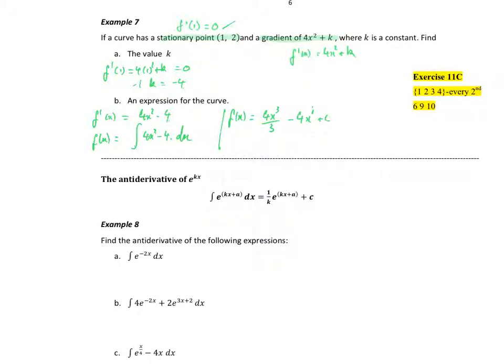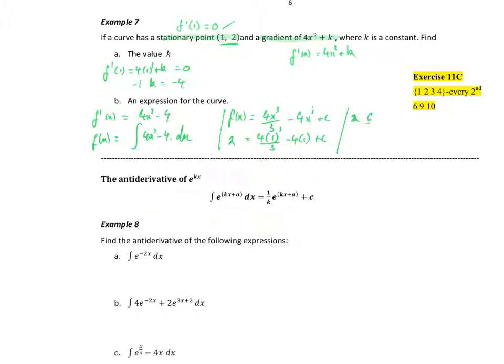All right. Now we've got initial condition, the stationary point. So we also know from there that at x equal to 1, y is equal to 2. So we know that 2 is equal to at x equal to 1, plus C. So we get 2. Well, let's make them all thirds, eh? So what do we get?